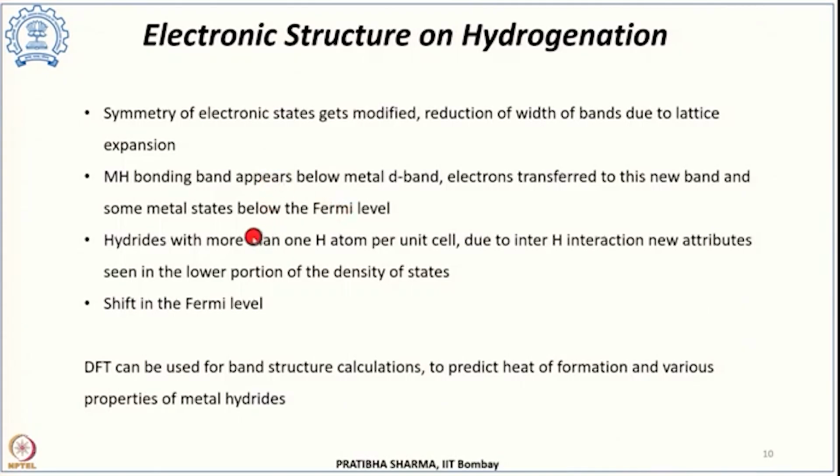Now, for hydrides which have more than one hydrogen atom per unit cell, due to hydrogen interaction there are certain new features that can be seen in the lower portion of the density of states. At the same time, a shift in the Fermi level is also observed.